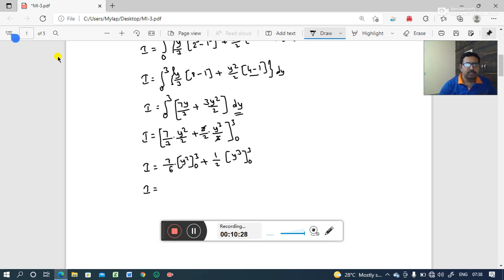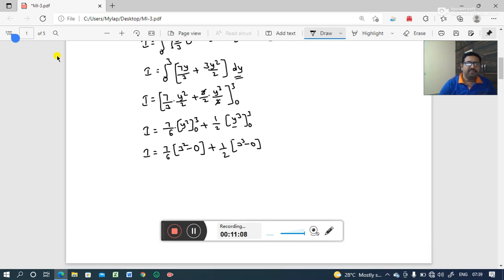Therefore I is equal to 7 by 6 into, in place of y square, one time you are using the upper limit 3 and another time you are using 0. So in place of y square you are getting 3 square minus, using the lower limit, 0 square gives 0, plus 1 by 2 into, in the second term, in place of y cube you make use of the upper limit and lower limit. So you are getting 3 cube minus 0 cube is 0.